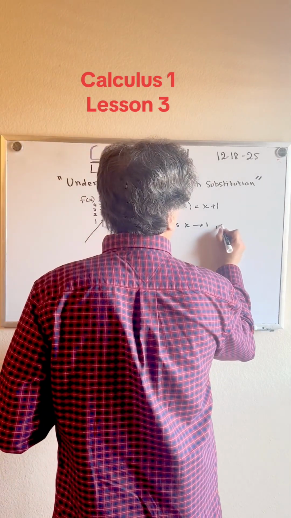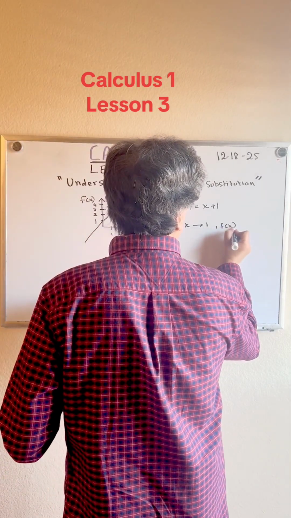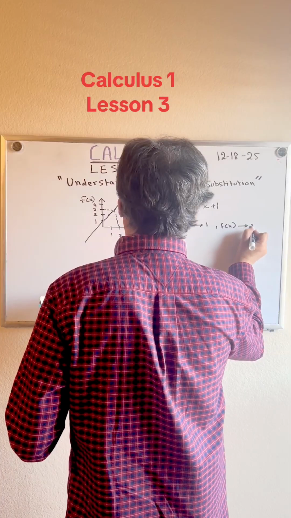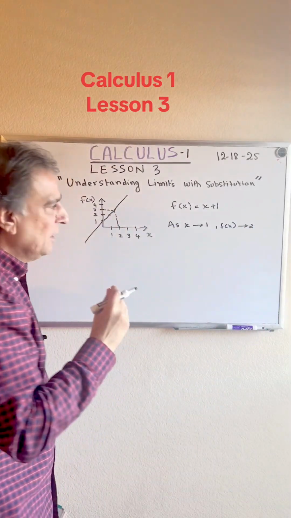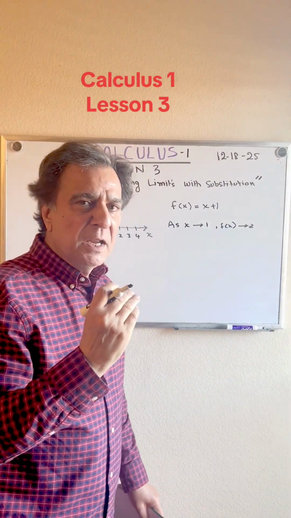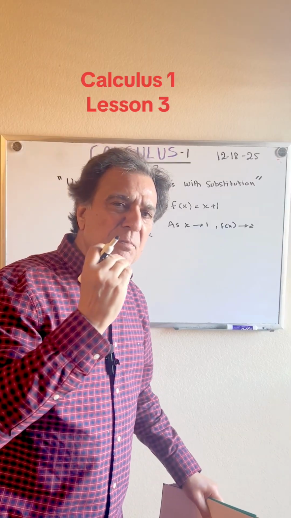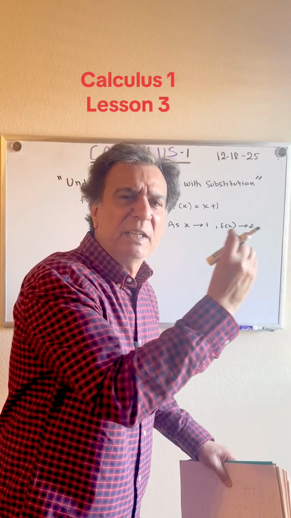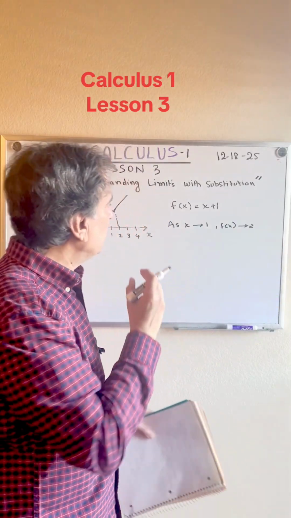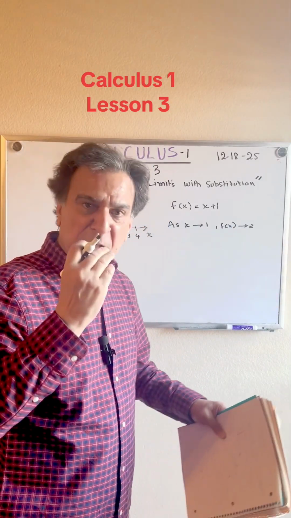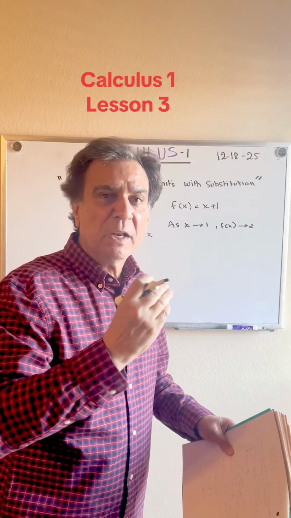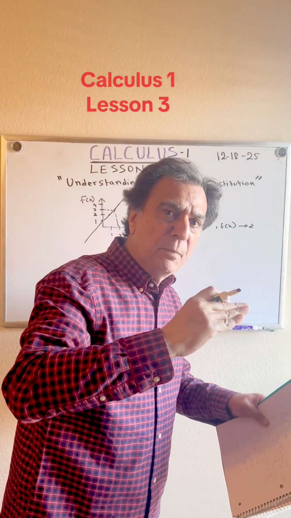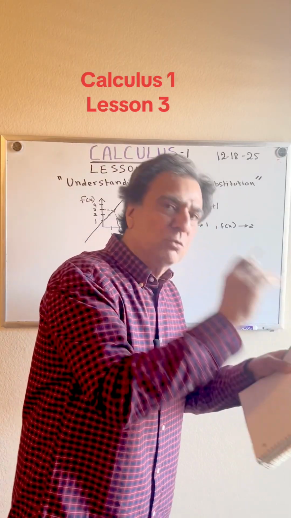Function of x would be approaching 2. So think of this right here. When I say x approaching 1, I'm not really at 1, but I'm infinitely very close to 1. That is exactly what it means when I say x approaching 1: it's approaching 1, but it never meets 1.